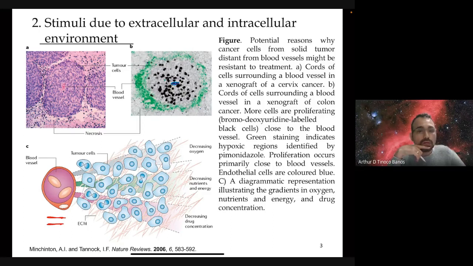What is observed is that as you move away from proximity to the blood vessel, you have a decrease in a number of features, such as a decrease in oxygen levels, and a decrease in nutrients and energy. That can also have an effect on the efficaciousness of an actual drug.